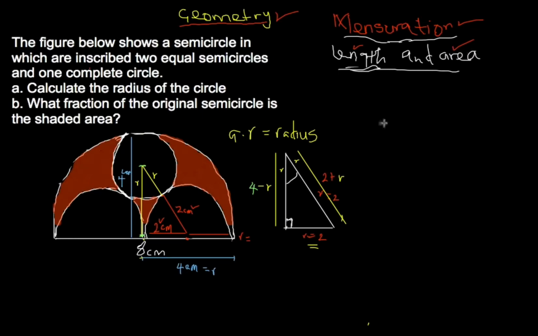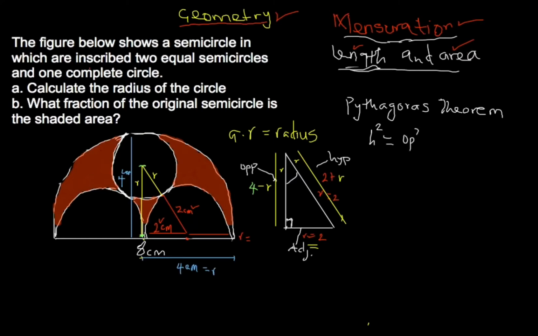The number one is that you can apply Pythagoras' theorem. If you are solving geometrical questions, you need your theorems at hand. The Pythagorean theorem says that this slant side we call hypotenuse. This side down, we could just call adjacent for the time being. And this side, we just call opposite for the time being. Pythagoras said the hypotenuse side squared is equal to opposite side squared plus adjacent side squared.